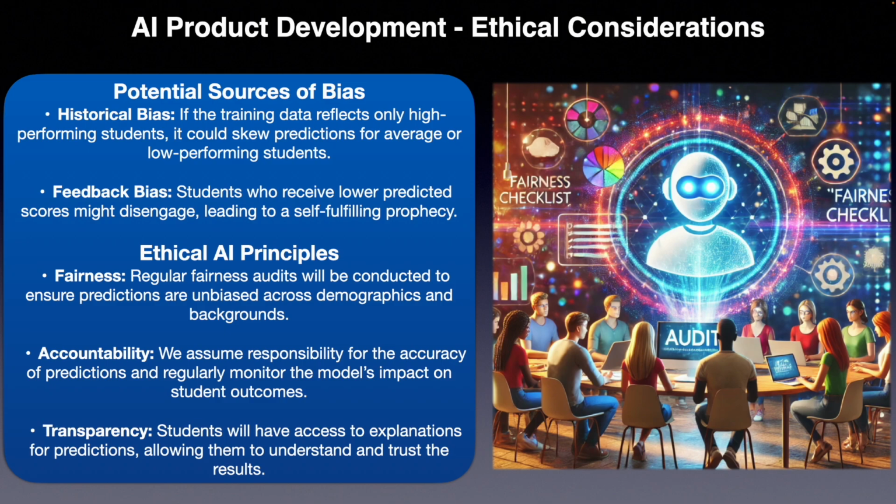And there's a clear feedback bias, where students who receive lower predicted scores might disengage. This would lead to a self-fulfilling prophecy: with fewer students engaging, the inputs the app collects would shrink, and that would further skew the predictions for all the other students as well.